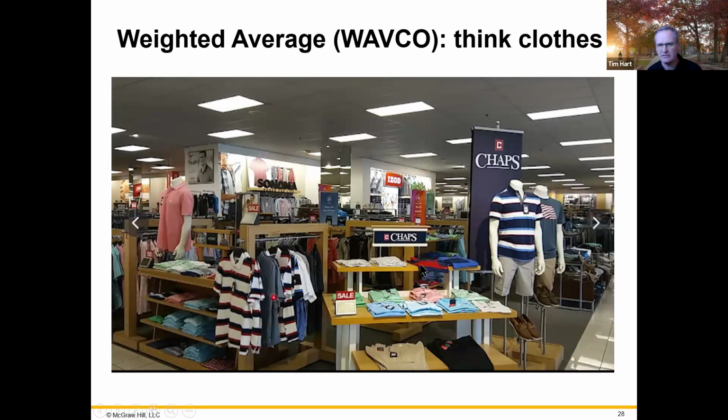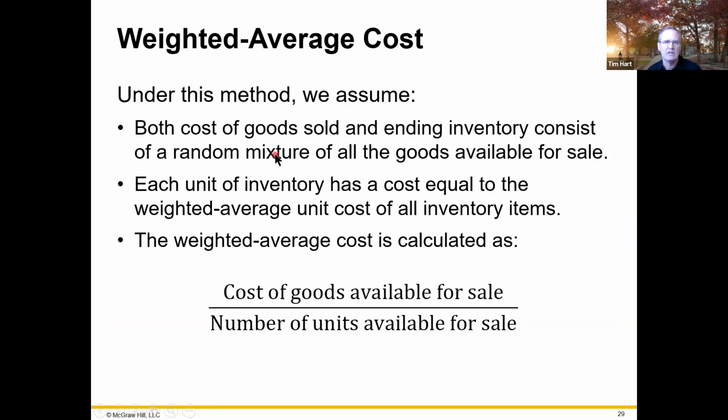Okay, Waveco, or the weighted average, think clothes. Again, with all the different incoming clothes, outgoing clothes, when it's sold and seasonality and all that stuff, they're just going to keep track of an average method. So under this method, we assume both the cost of goods sold and ending inventory consist of a random mixture of all the goods available for sale.